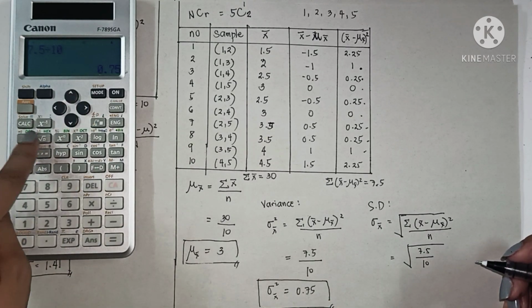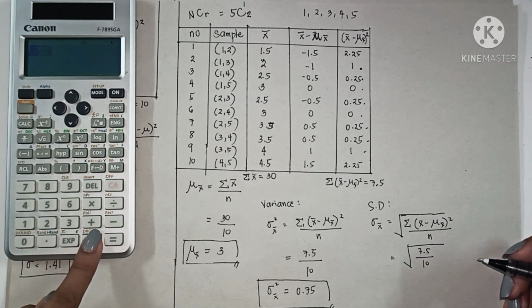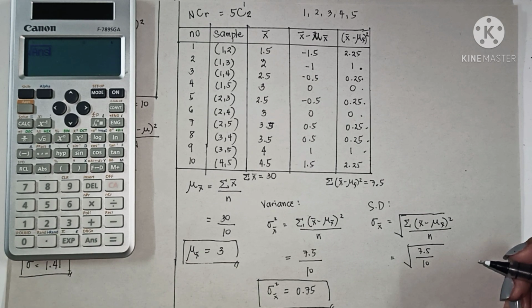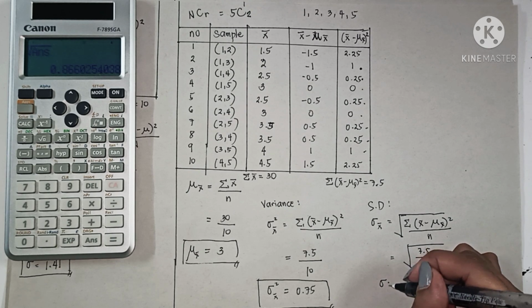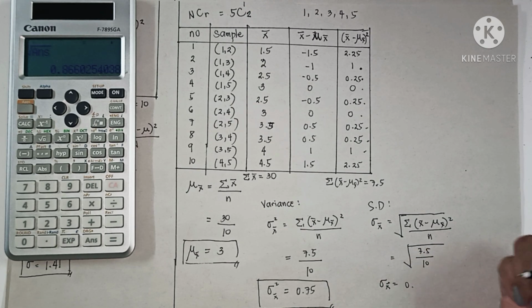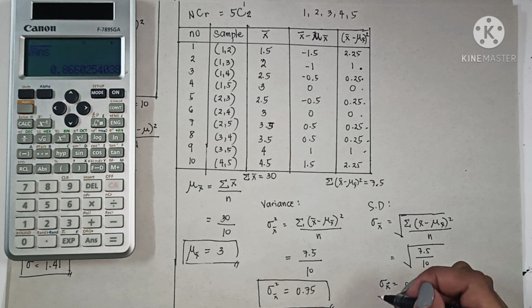So kunin lang square root of the answer. So wag ulit magde-delete. Okay? And that is equal to 0.866025. Round off your final answer into two decimal places, and that is equal to 0.87.